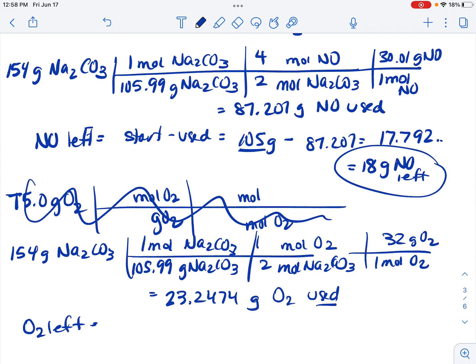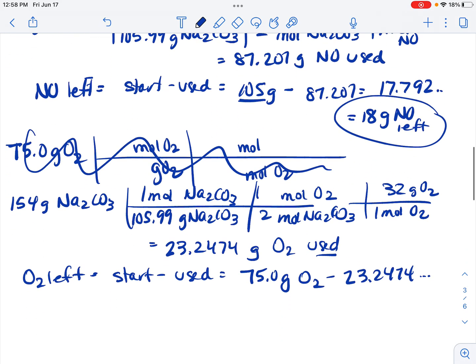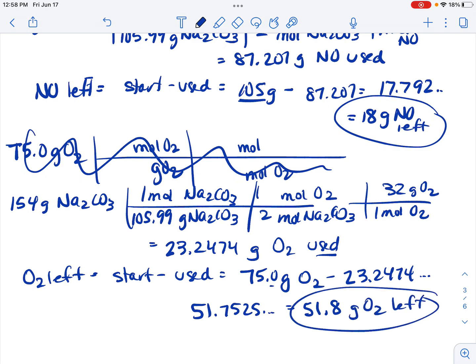So O2 left equals the O2 to start minus used, which is starting, there's my 75 grams, minus the used, which was 23.2474, which then gives me 51.7525. I'm going to round this to the tenths place now because that's what I have from my given, which would be 51.8 grams of O2 left.